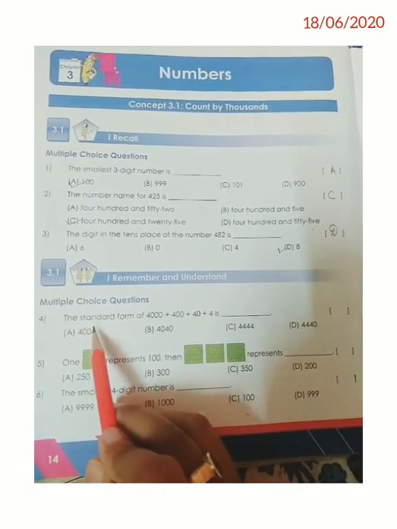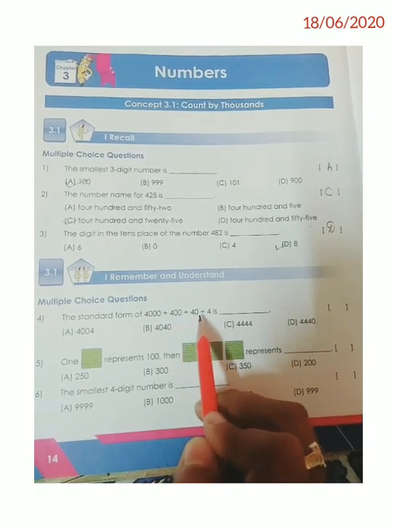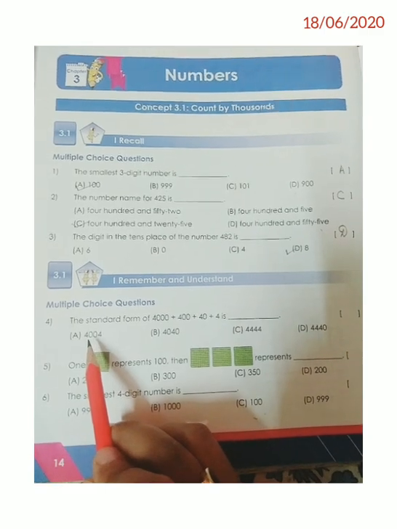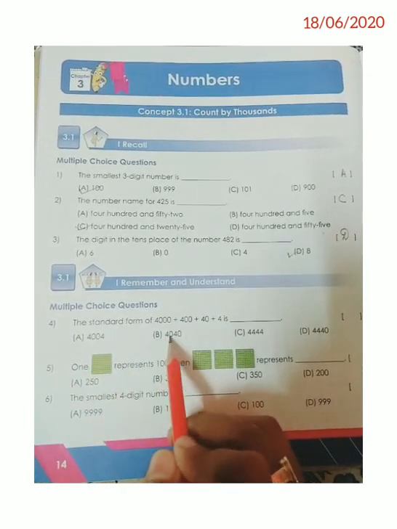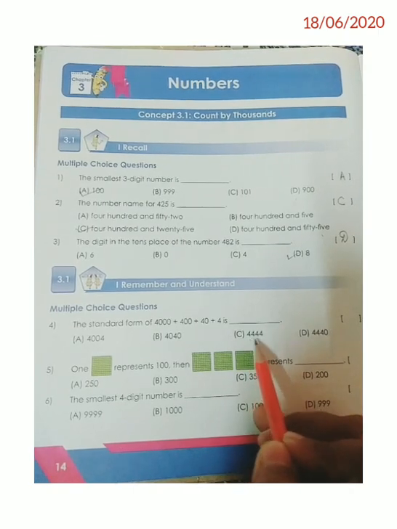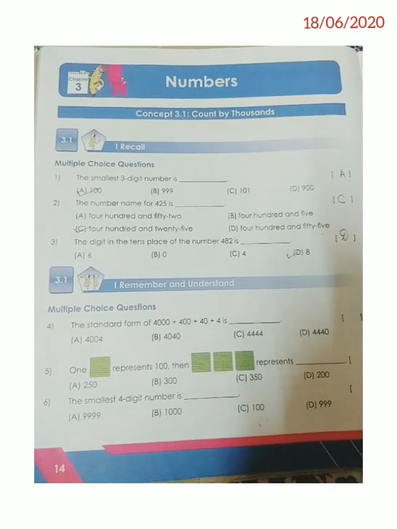Alright. Now let's move on to the next question. Question number 4. The standard form of 4000 plus 400 plus 40 plus 4 is, the options are A 4004, option B 4040, option C 4444, option D 4440.